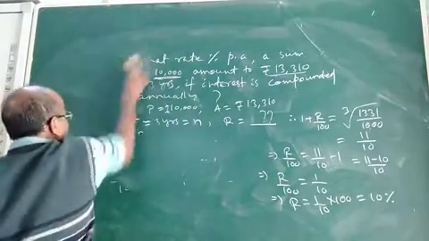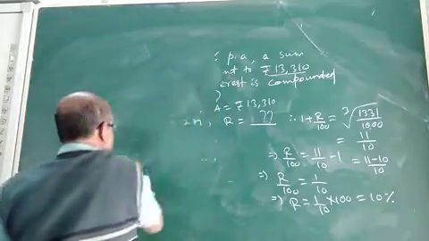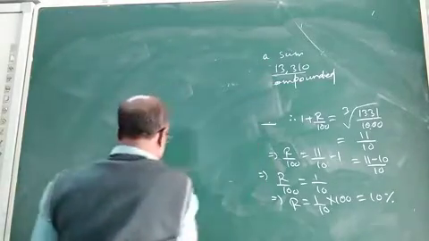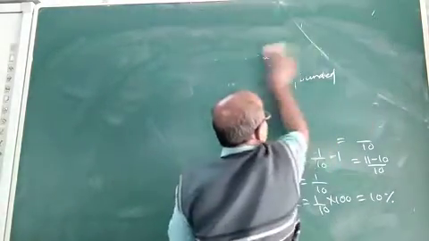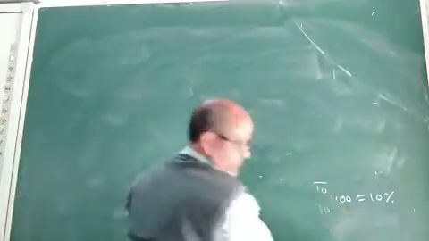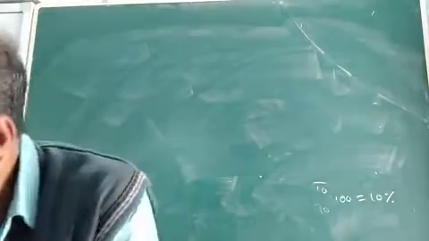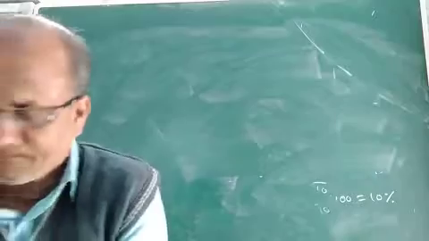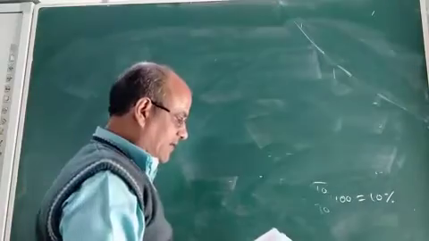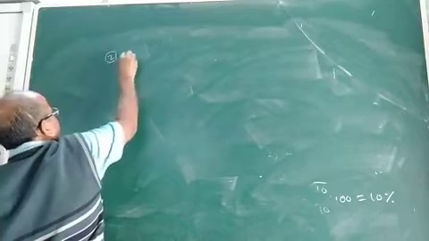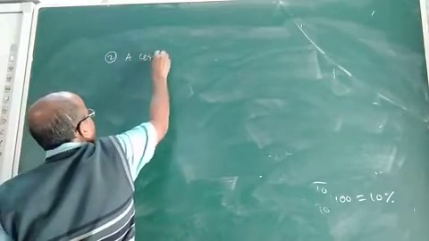Okay. Suppose you are given a question like this. A certain sum amounts to rupees 12,167 in 3 years at 15% per annum, compounded annually. See, a certain sum.